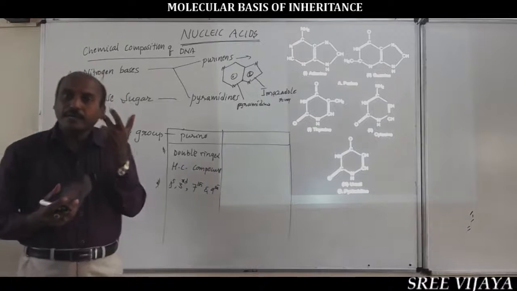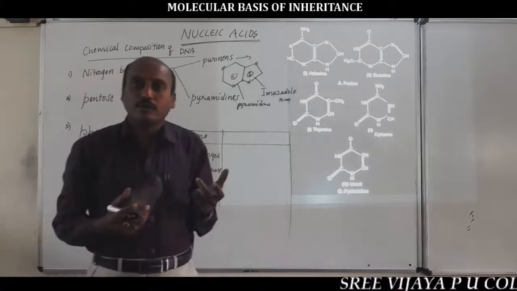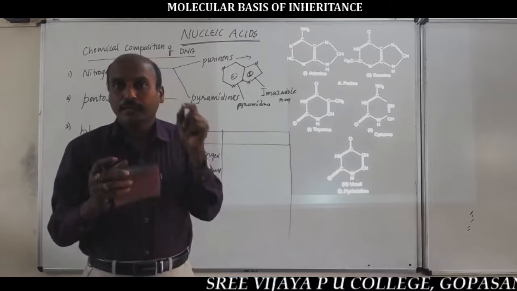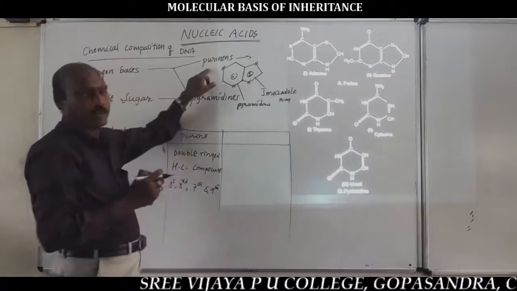So one pyrimidine ring fused with an imidazole ring forms the chemical compound called a purine.